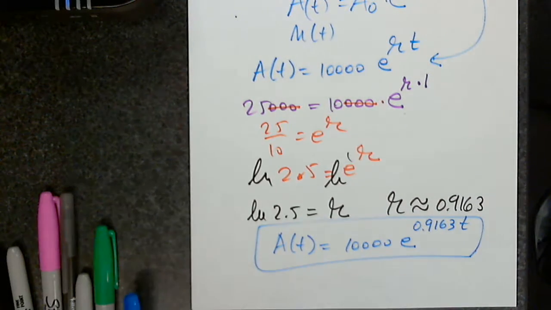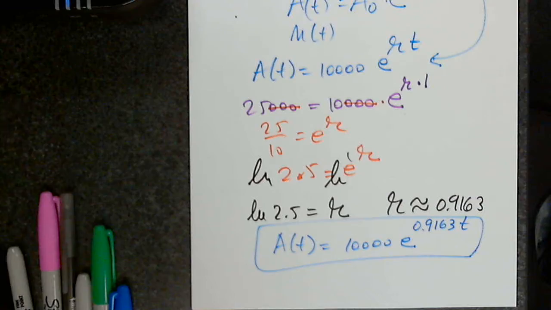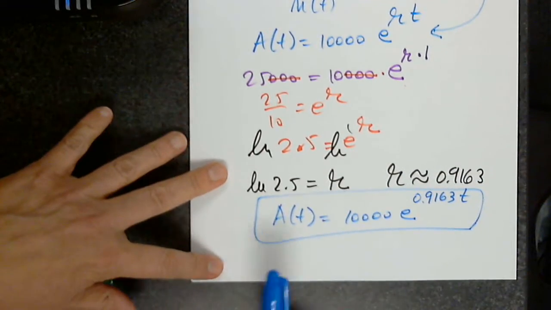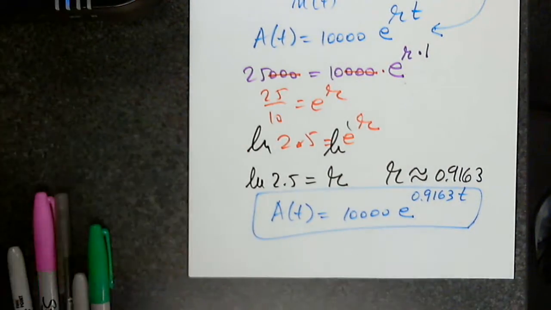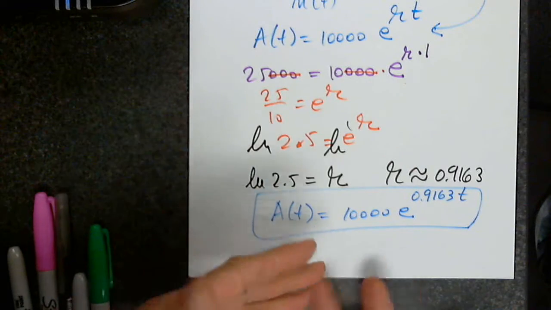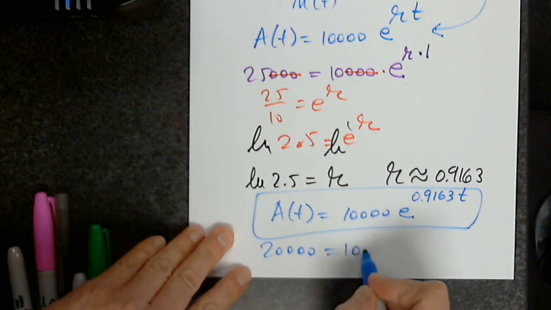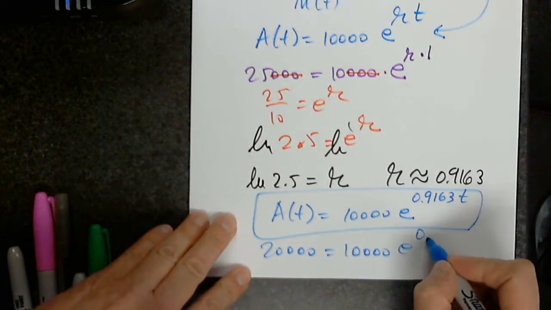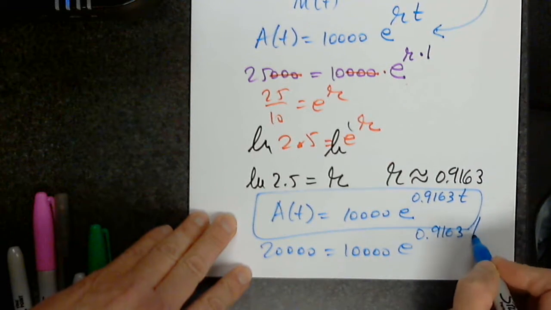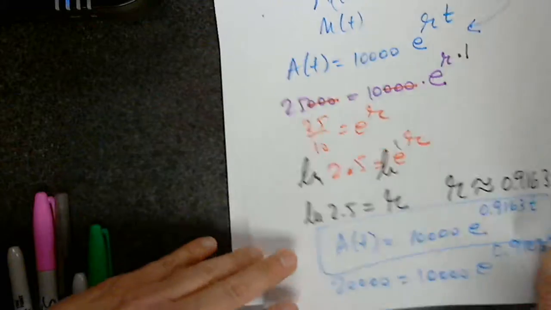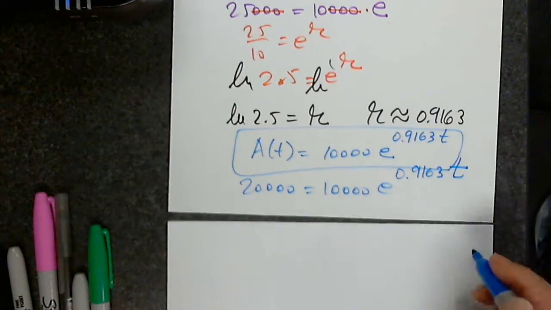What does the doubling time mean? For the initial to double. What is double of the initial? 20,000. So 20,000 equals 10,000 times e to 0.9163 T. So what do I do to both sides?